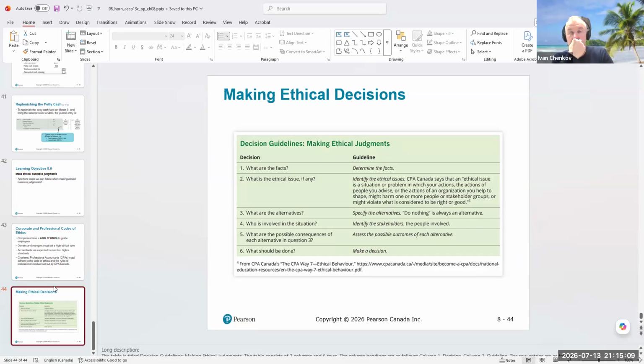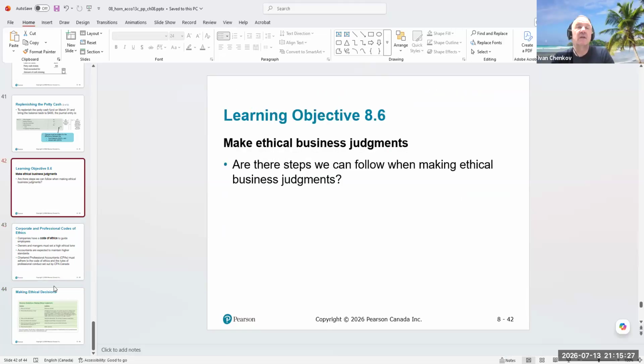What exactly to do? There's no recipe here. And again, there's no right and wrong. But you have to use professional judgment, follow the code of ethics, and do the right thing.